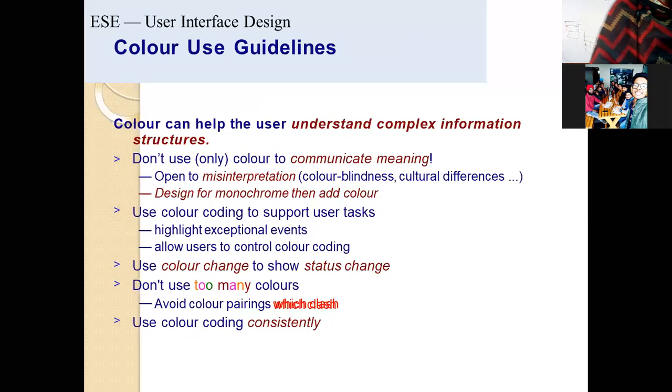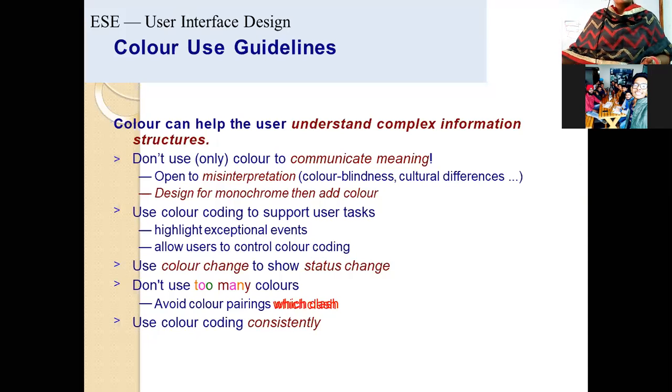Color use guidelines. We have designed a graphical user interface, and while designing it, we need to remember the color combination or color use guidelines. For using any kind of color in your menu design or user interface design, these things you need to remember. Color can help the user understand a complex information structure.